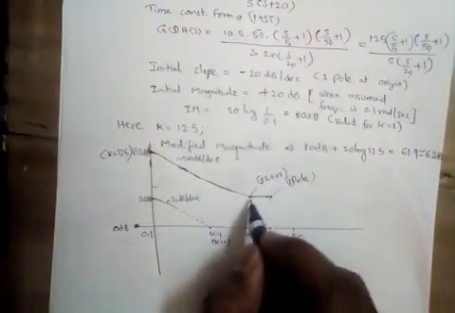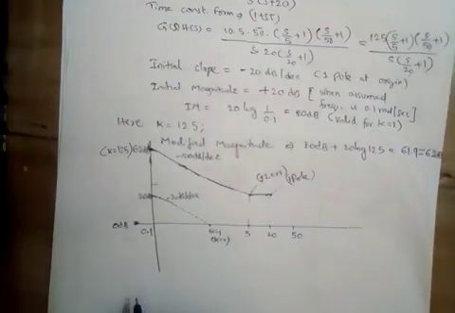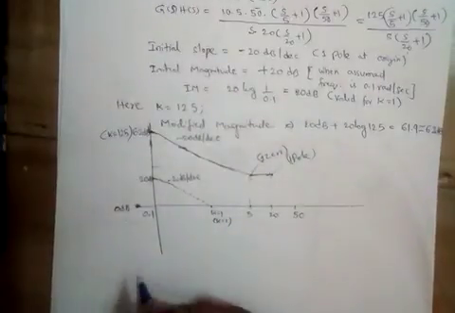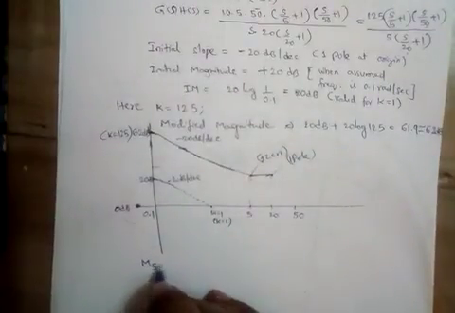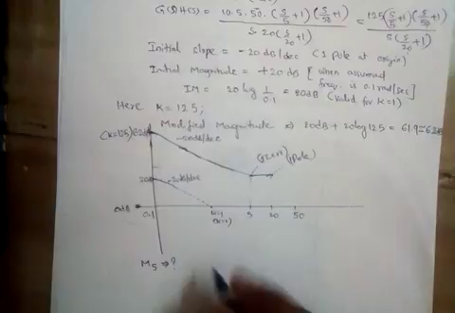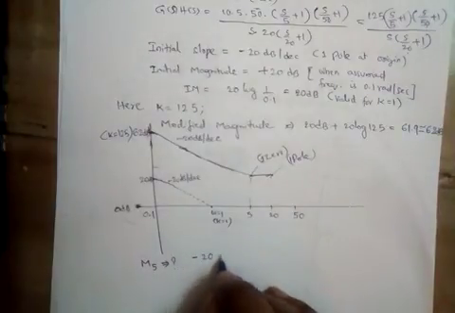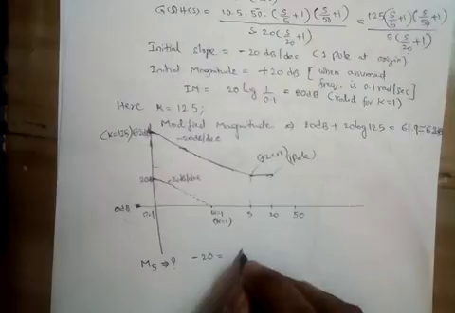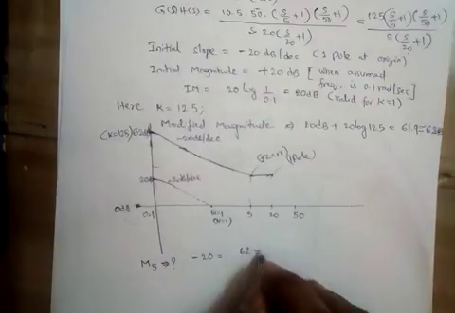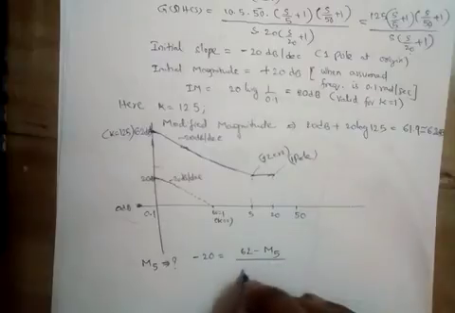So we need to find out the magnitude at omega equal to 5 now. For this we have a formula: slope is equal to the difference in magnitude by the logarithm difference of frequencies.